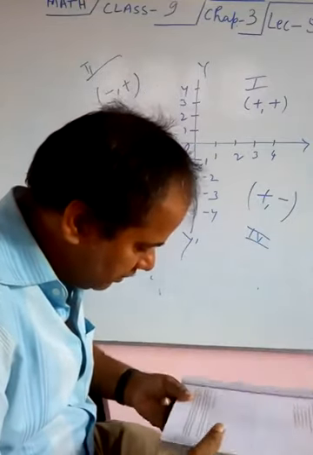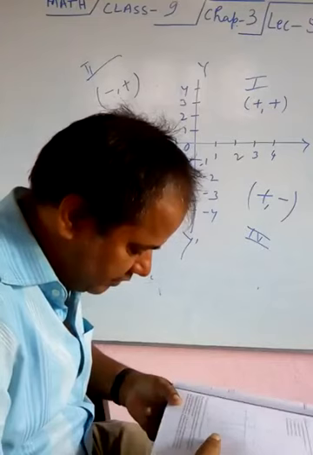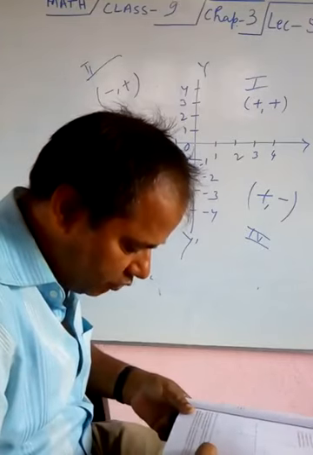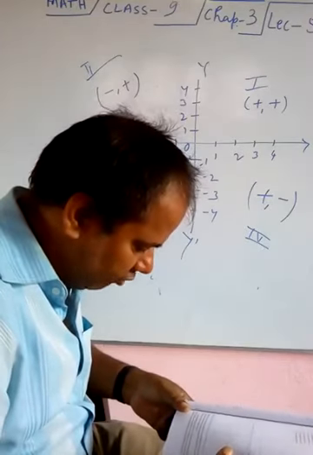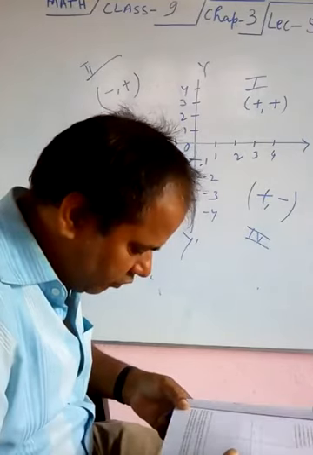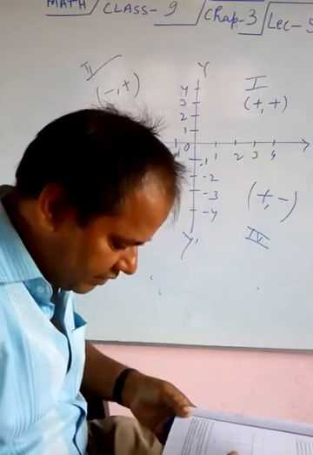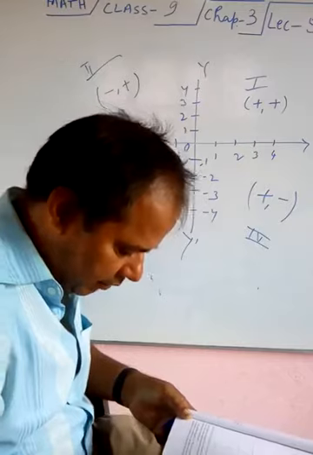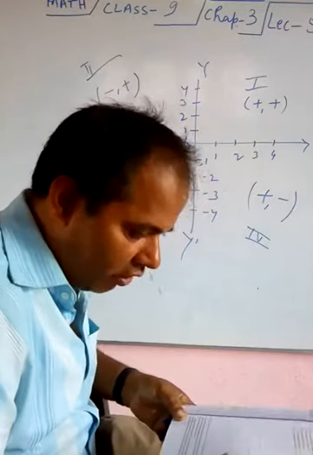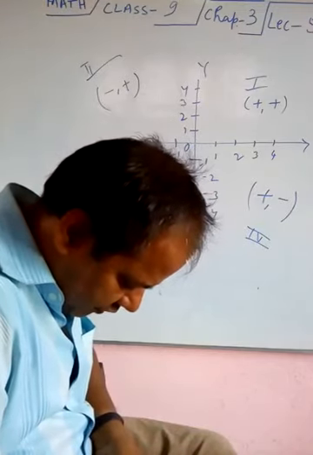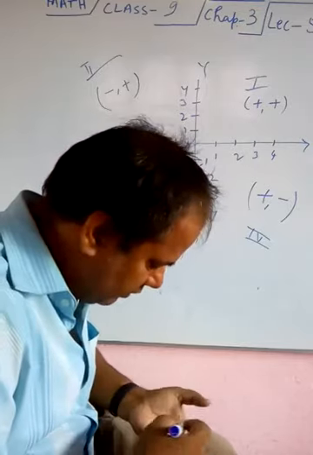Up till now, we have drawn the points for you and asked you to give their coordinates. Now we will show you how we place these points in the plane if we know their coordinates. We call this process plotting the point.